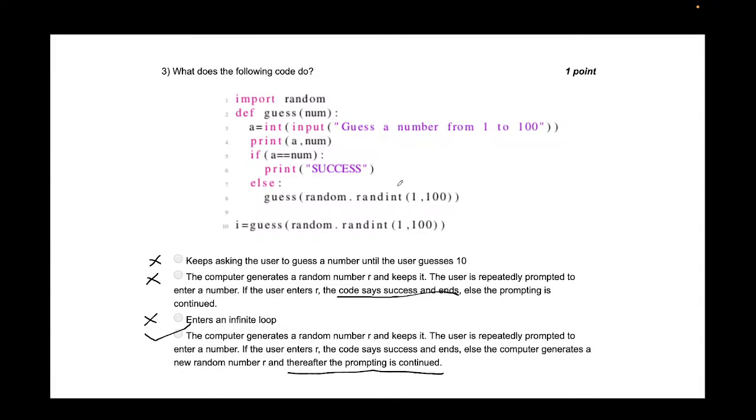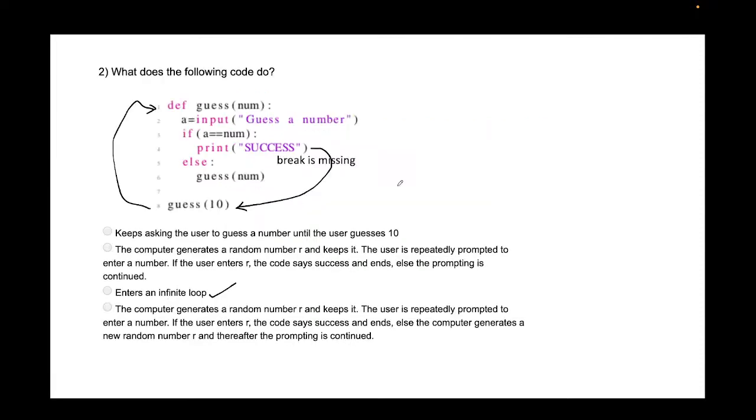So in the last question, wasn't the recursive case in the else part in question 2? Yeah, there is a recursive case, but why would it be infinite? But this is not random, right?